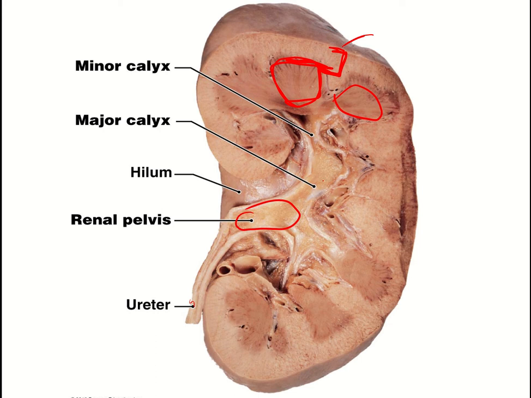So if we work backwards, then that will make this the major calyx. And the fact that it's collecting urine from multiple minor calyces and multiple medullary pyramids is going to tell you that it's safe to call this a minor calyx and major calyx.